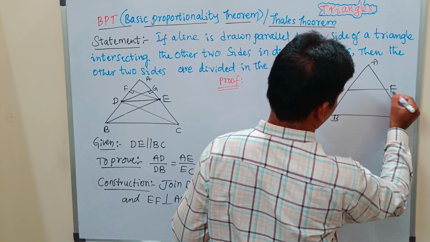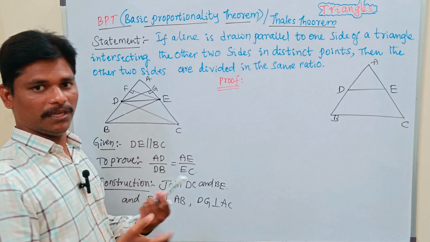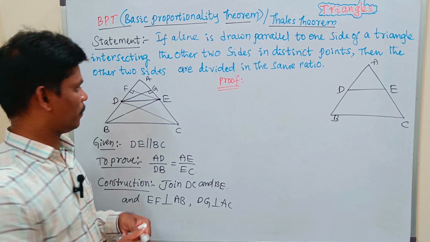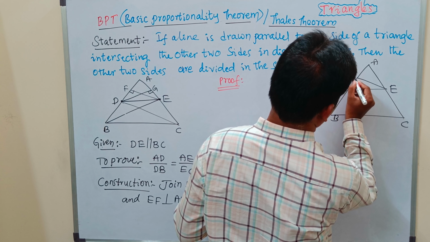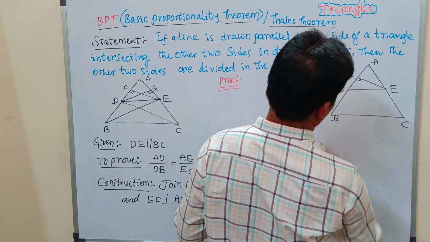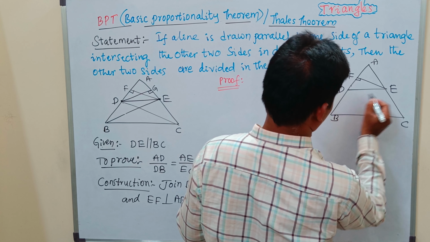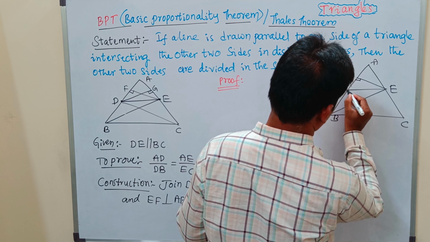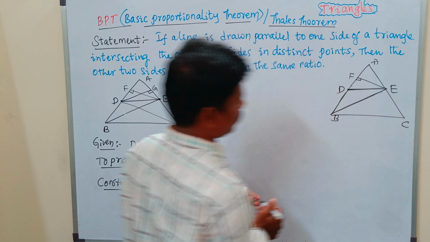First you take triangle ADE and triangle DEB. Find out the areas of these two triangles. Here write EF, which is perpendicular, and next take triangle DEB. Find out those areas.